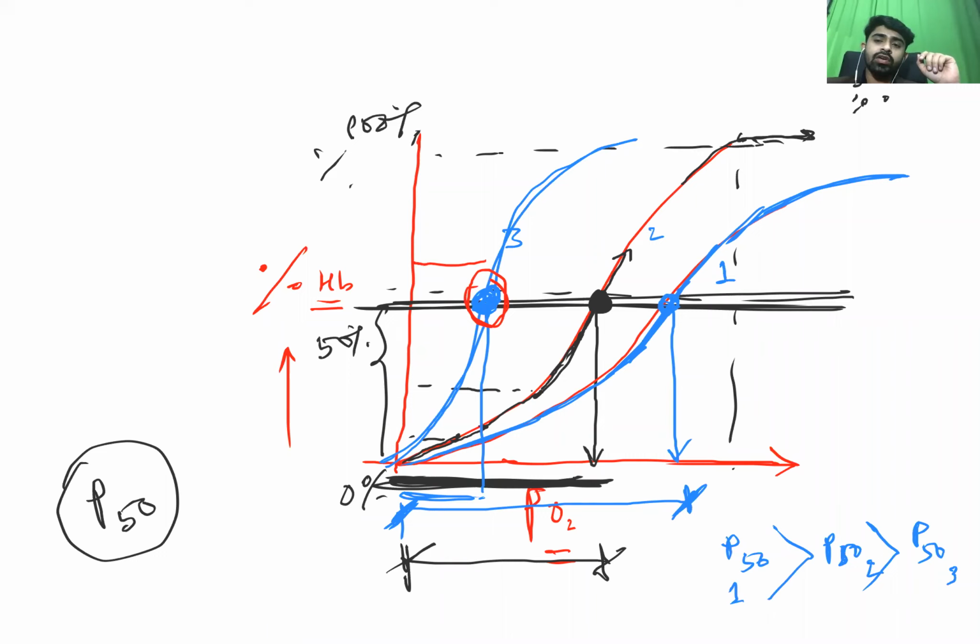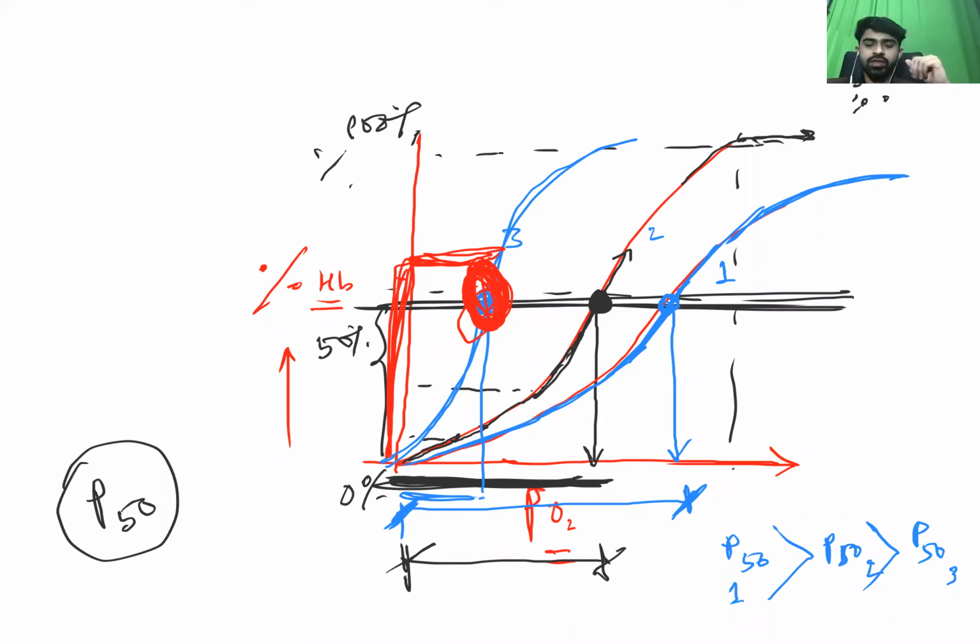With a small amount of oxygen on the x-axis, on the y-axis they are absorbing that oxygen. So here the attraction between the oxygen and the hemoglobin in the case of 3, more or less? Less. Again, I'm explaining. With a small amount of oxygen, you are getting 50% saturation of the hemoglobin.